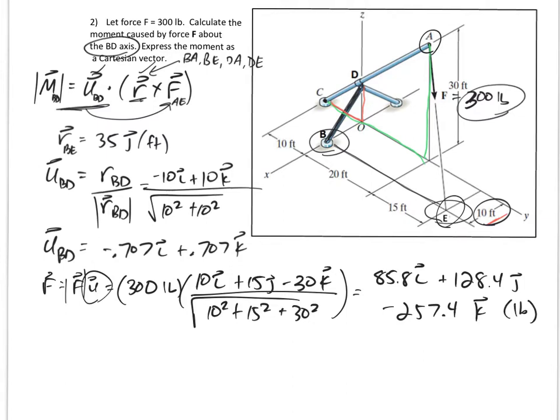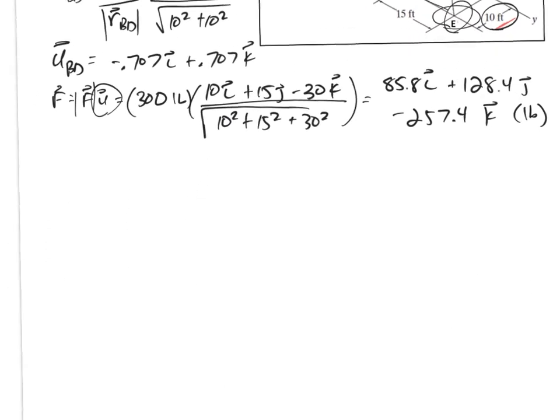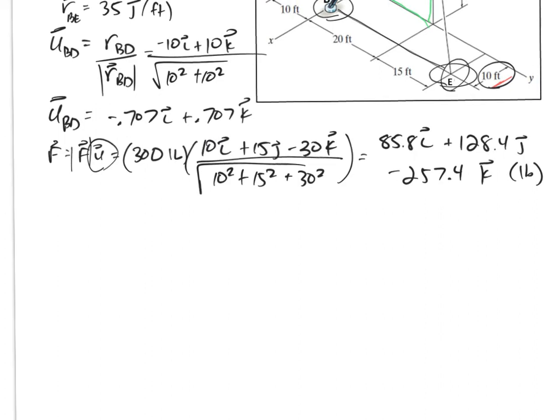All right, so I've got all three of those. I've got the U, I've got the R, I've got the F. Now I can do the cross product. I can do the math. So when it is U dot R cross F, I would do that all in one step, and instead of IJK across the top, I'm going to put the U across the top. U comes first, right? It's U, then R, then F. So the U is negative 0.707I, 0J, 0.707K.